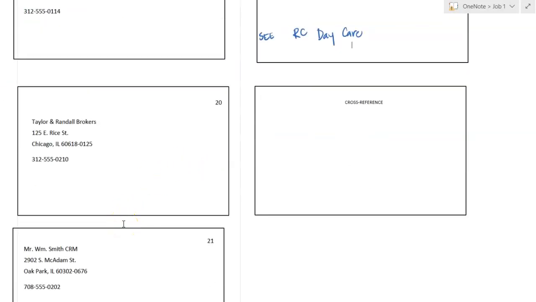For Taylor and Randall Brokers, I'm going to write it out just because I have a symbol here, that would be Taylor and spelled out. Then I have Randall Brokers. So Taylor is my key unit and is unit 2, Randall is unit 3, and Brokers is unit 4.